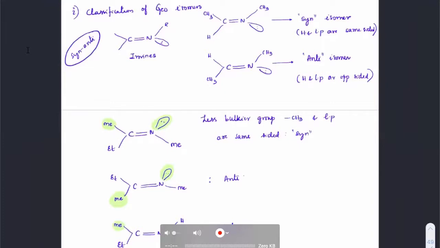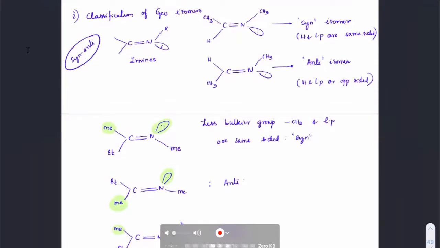Understood? And on the left side also, if we see the least substituted or less bulky group and compare both of them, if they are on the same side, I will call it syn. If they are on opposite sides, I'll call it anti. Some books use the other way also, like the more bulky group and the other group other than the lone pair. For example, here, the more bulky group and then the other than the lone pair, compare these two, then you will get the same, syn.